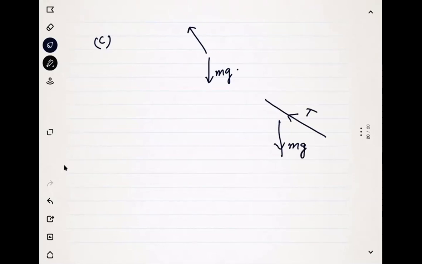So a third force must be there that will bring a balance or equilibrium between T and mg. Weight is always vertically downwards and tension could be anywhere according to the requirement of the question.